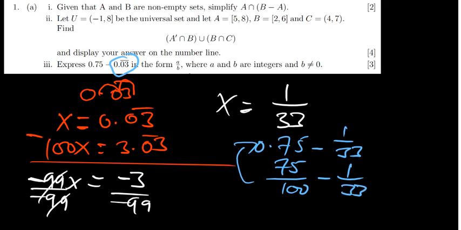But again, I can make this math simpler. There's a number which goes into 75 and 100. What number is that? 25, right? 25 goes into 75 three times, and 25 goes into 100 four times, if not mistaken. Minus 1 over 33.